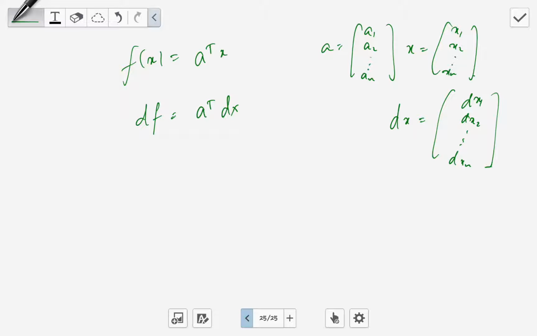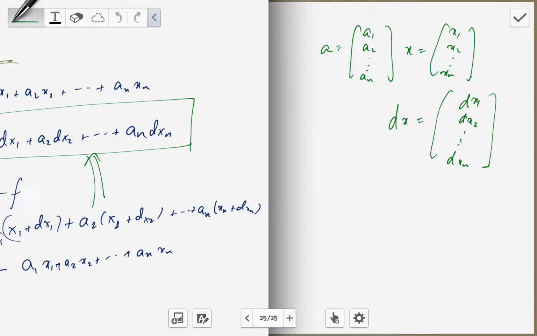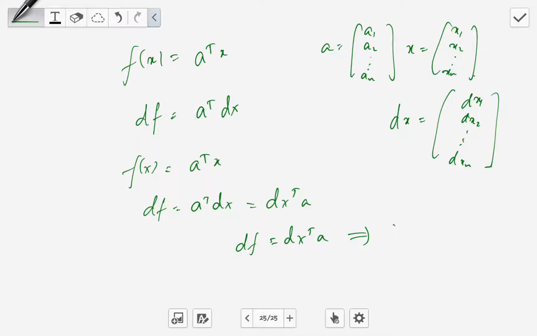Right? So for f of x equal to A transpose x, df is equal to A transpose dx, or dx transpose A, because it is a scalar. Once we have this, df is dx transpose A, we write the notation del f with respect to x is equal to A. This notation is equivalent to this. Do you get that?